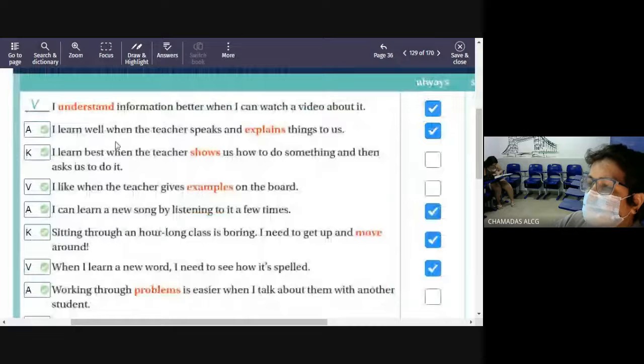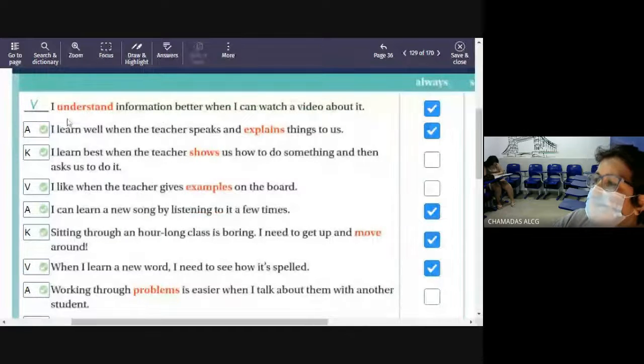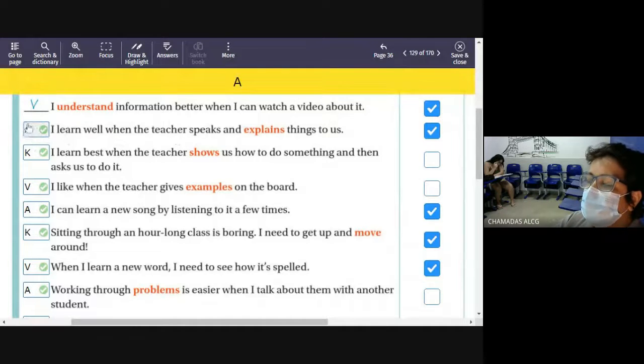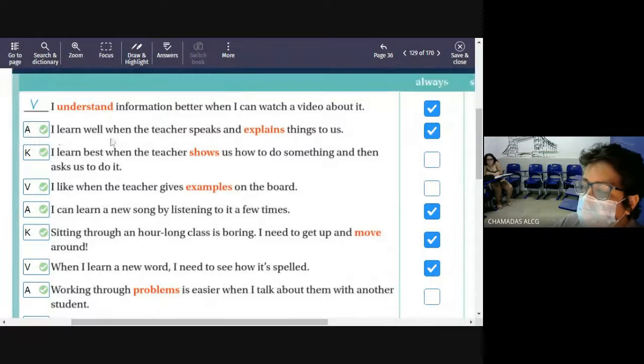Likewise, the next one here talks about the ability to understand something just by listening to the teacher. So if you listen to the teacher, that's enough, okay? So then here it's auditory. A stands for auditory.